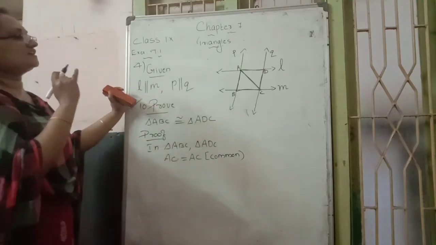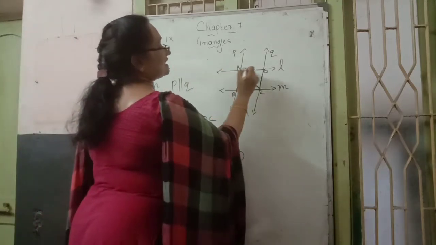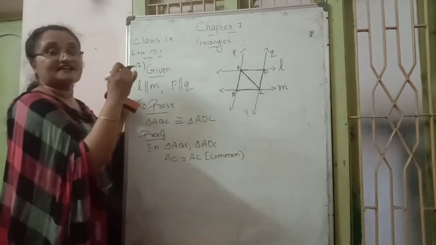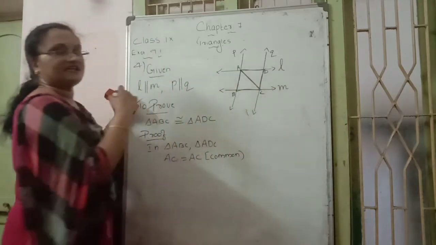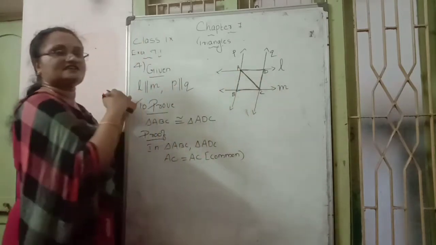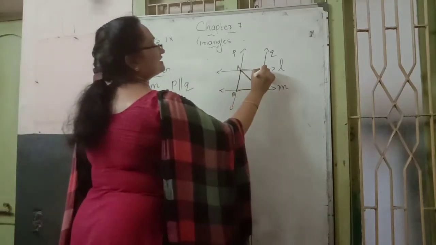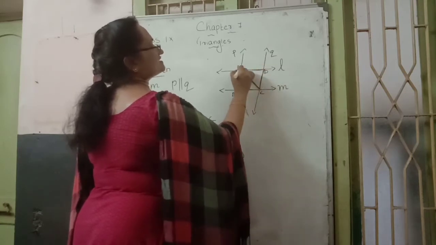Second condition, in which way can we write? In the last chapter, lines and angles, we learned that lines L and M are parallel lines. They are cut by a transversal line AC. Then they make alternate interior angles. Alternate means Z shape angle.